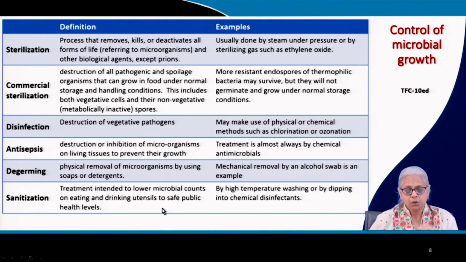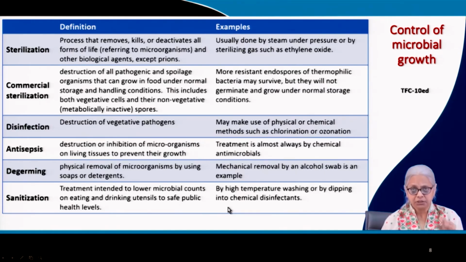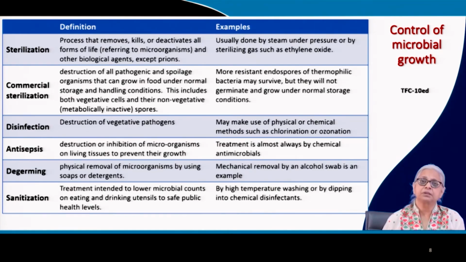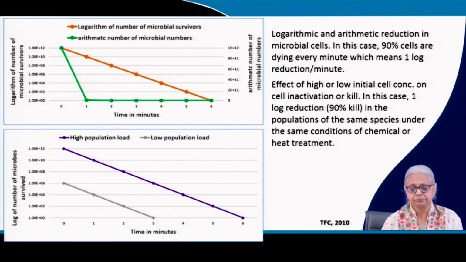So we use all kinds of sanitization methods. There can be several different examples, and we will go into the chemical disinfectants that can be used for sanitizing public or private spaces. So high temperature washing is one method, and dipping or wiping the surfaces with chemical disinfectants is another method.